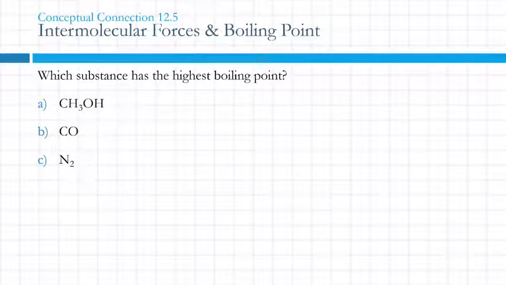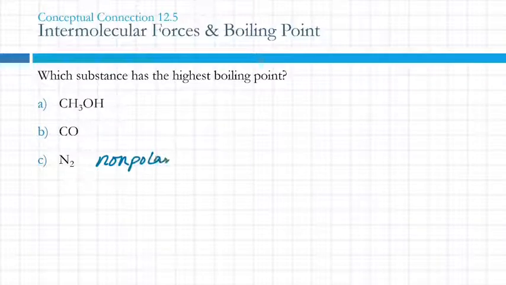So here's an example of a question like that. Which substance has the highest boiling point? Just without drawing Lewis structures or anything, can you identify something here that's nonpolar? The N2. Yeah, N2 is nonpolar because two identical nitrogen atoms.